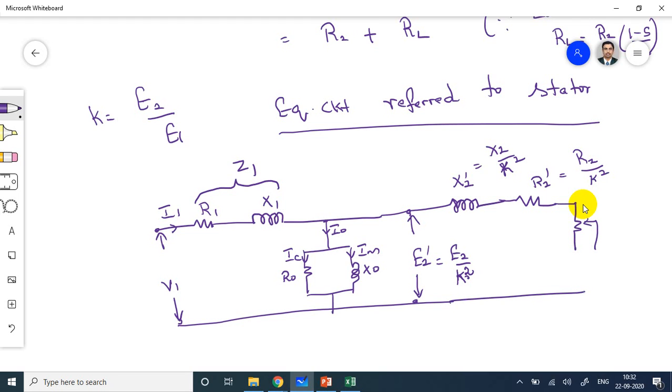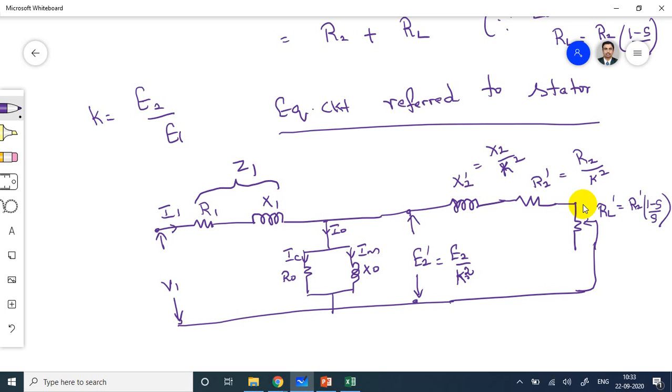Then this is the load, RL dash, which is equal to R2 dash into (1 minus S) by S.